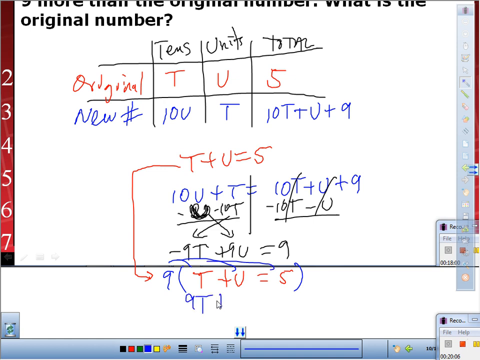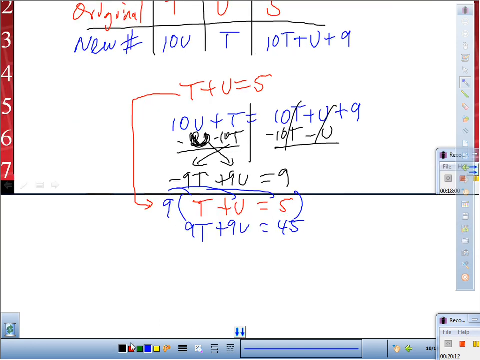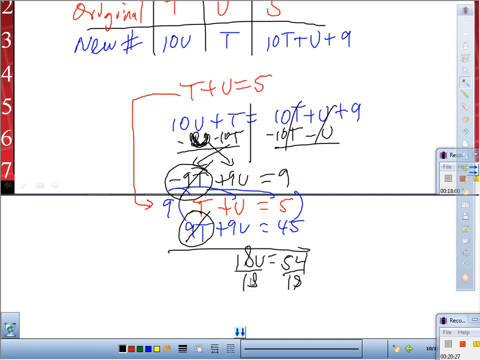We get 9T plus 9U equals 45. Eliminate, we're left with 18U equals 54. 54 divided by 18 is 3.